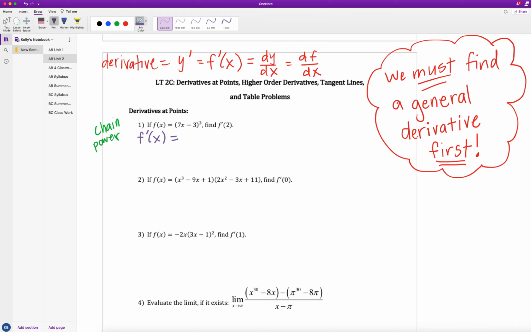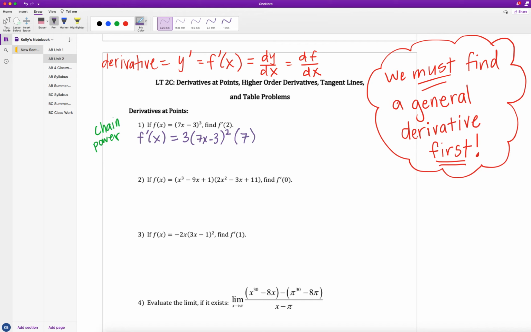So we'll start by taking the derivative of the outside. So the third power comes down. We would keep the inside the same. So the 7x minus 3 does not change. It is now raised to the second power since we took the derivative of that third exponent. So 3 comes down and we subtract 1, times the derivative of the inside, and the derivative of 7x minus 3 would just be 7.